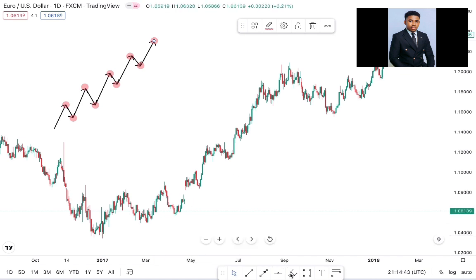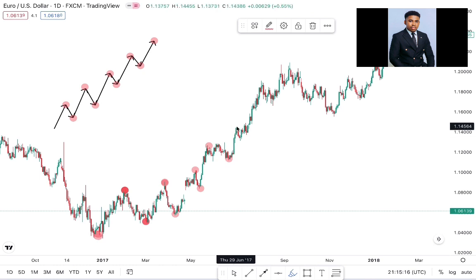Okay, so now look at this trend. This is a low created right here, and then a high was created as well. Okay, and then what happened next? A lower low was created, and this is a higher low, and this is a higher high, another higher low, another higher high, another higher low, another higher high, and it keeps going like that.